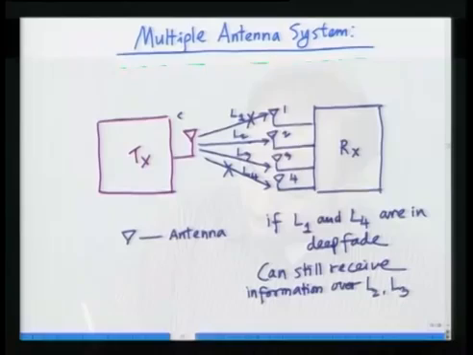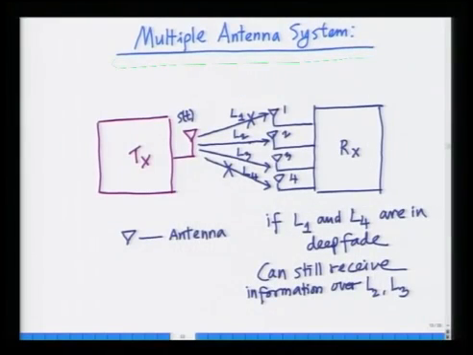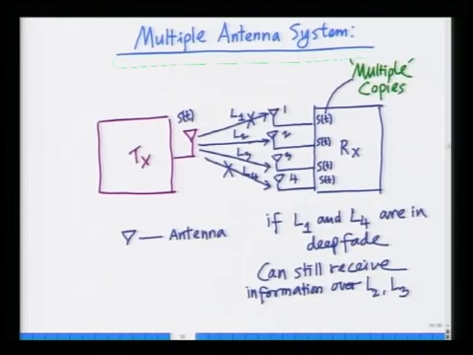So, now if I transmit a signal S of t, I will get S of t on receive antenna 1, I will get S of t on receive antenna 2, S of t, S of t. So, what am I doing? Because I am increasing the number of links, now I have multiple copies of the transmit signal over different links.